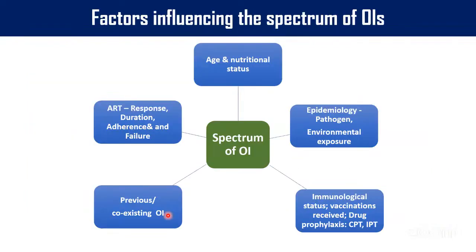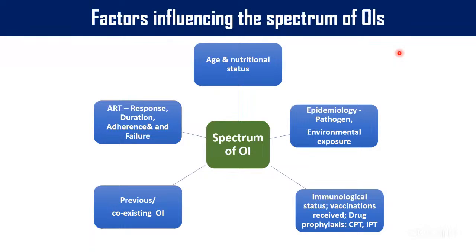Now, what are the factors which will influence the spectrum of OI? The spectrum of OI is not the same in every CLHIV. It all depends on the age of the child, the nutritional status, whether there is malnutrition associated or not, and the epidemiology of the pathogen, what is the pathogen which is prevalent in your local area.